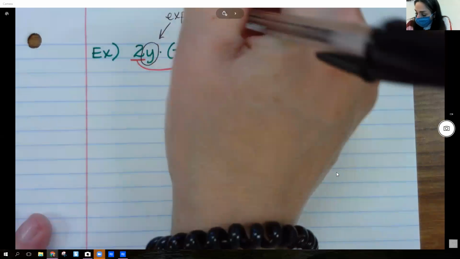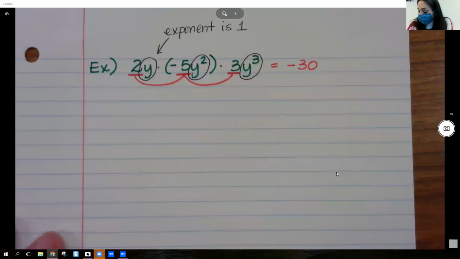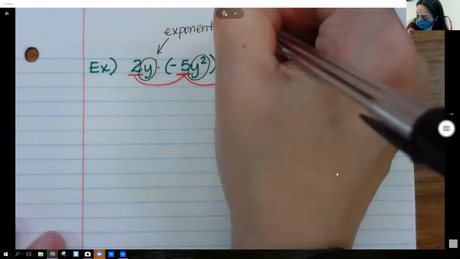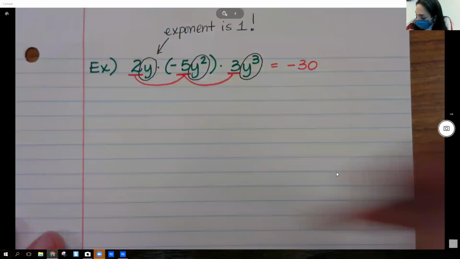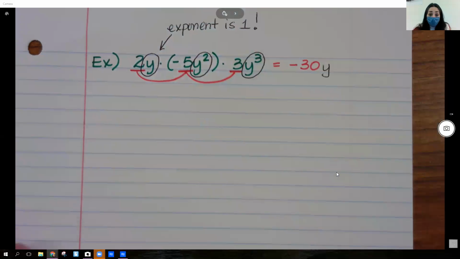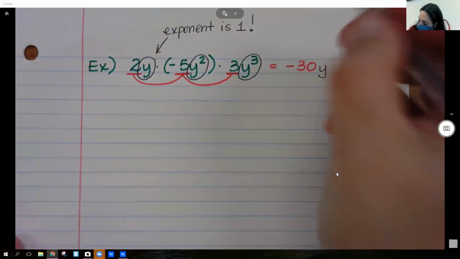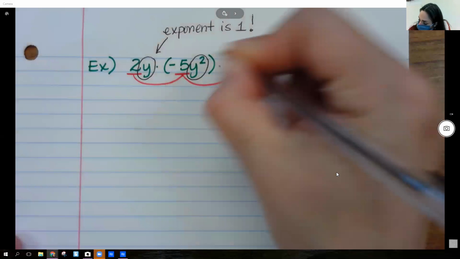Remember that the exponent right here is 1. Got to remember that that's a 1 right there. So this will be y, and then you're going to add all those exponents. So it'll be 1 plus 2 plus 3.